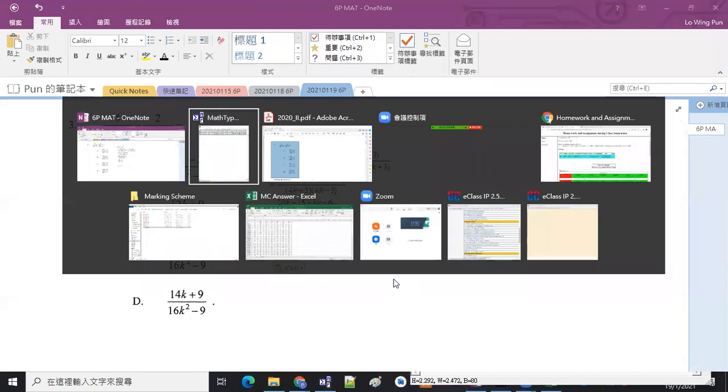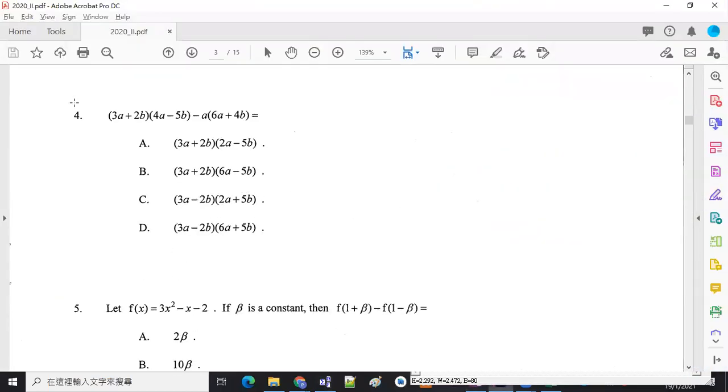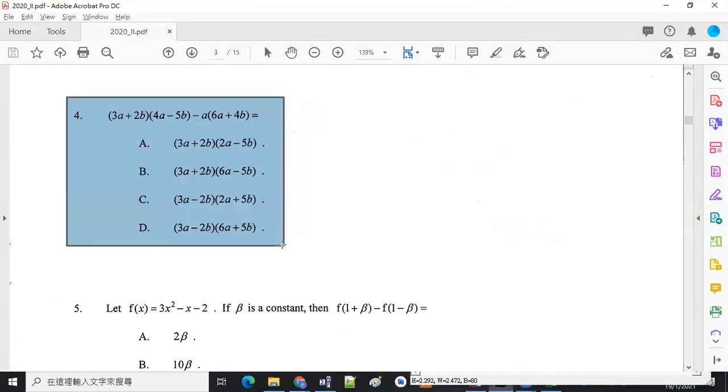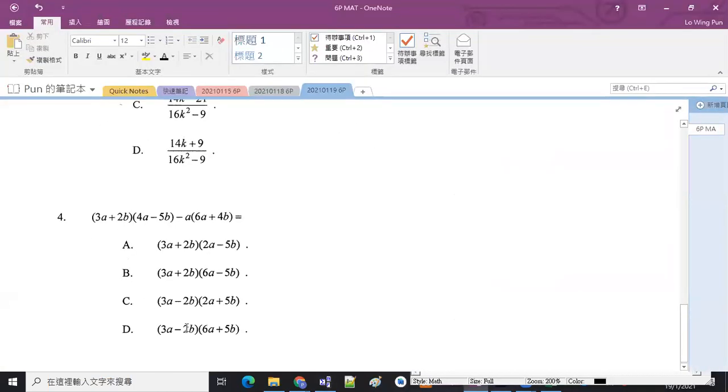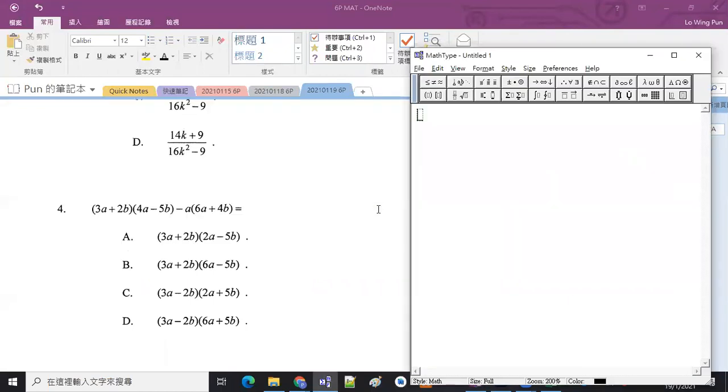Number 4. Factorization. So we have 3a plus 2b times 4a minus 5b minus a times 6a plus 4b.